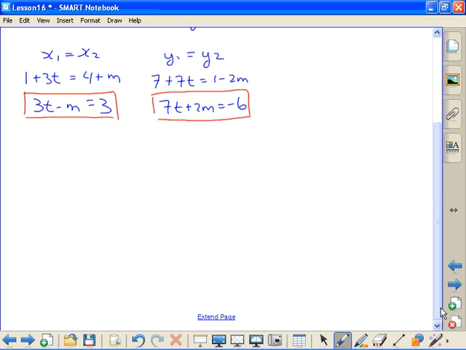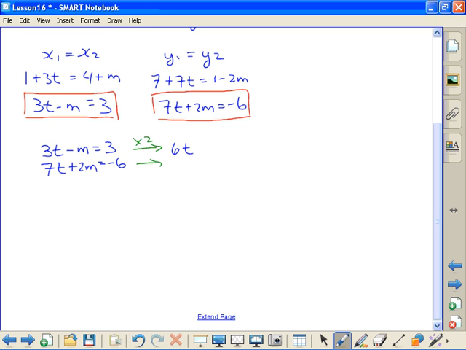It's just grade 10 math all over again here. So 3t minus m equals 3. 7t plus 2m equals negative 6. So you're going to use elimination. You could use matrices here, but we both agreed in the matrices lesson, it's much, much easier with two equations, two unknowns, to use elimination. It's still the best method. I'm going to double that top equation.